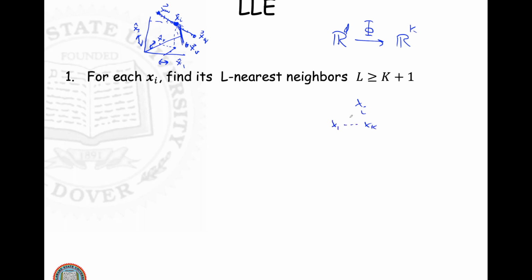It has to be at least that in order to reconstruct that xi as a weighted combination of all of the xj in the neighborhood around xi. And this is Ni, the neighborhood around xi.